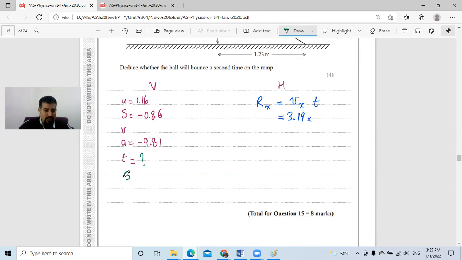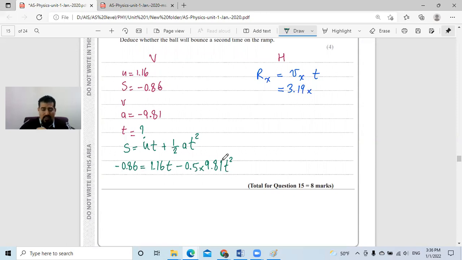Which formula am I going to use? I'm going to use s equals ut plus half at squared. So the s, which is negative 0.86, equals 1.16 multiplied by t, minus, because there is the negative 9.81, half times 9.81 t squared.